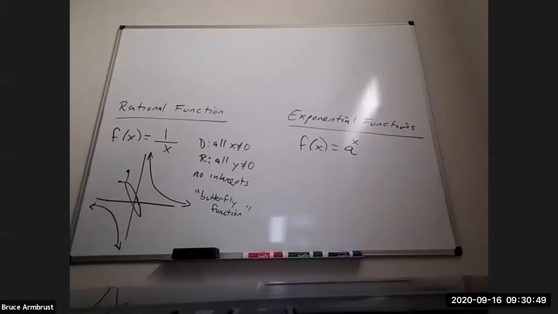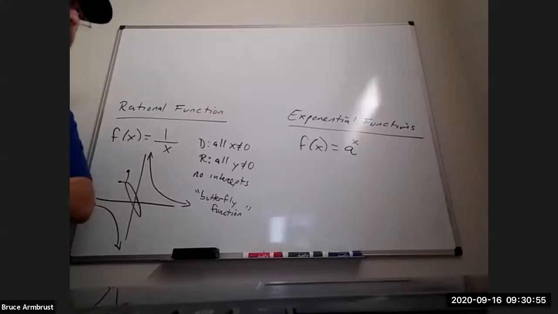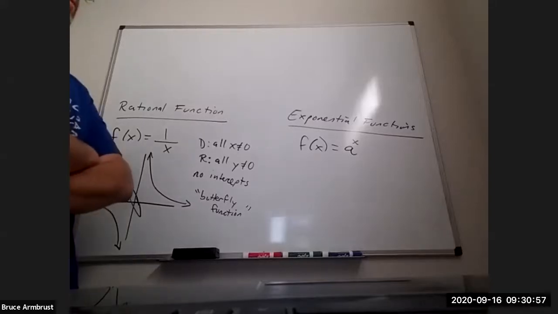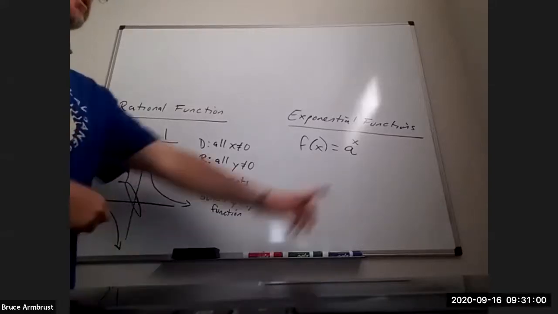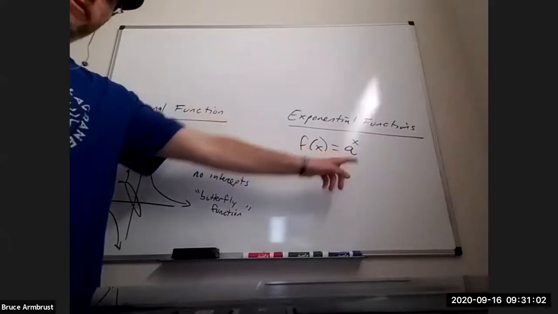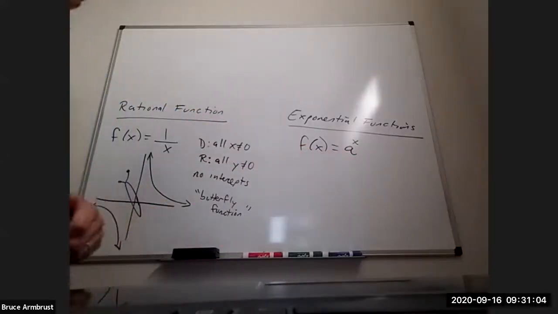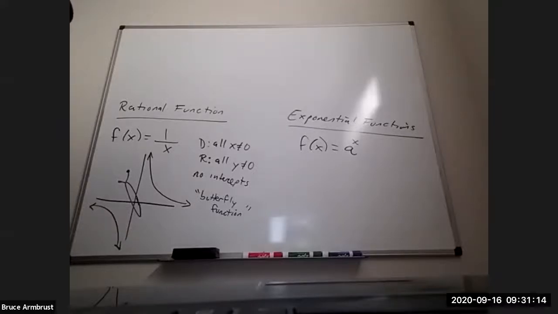So now our variable is the exponent, not the base. So these guys are exponential. There are some restrictions on A, though. Anybody remember what they are? What can't A equal? 0. Okay, so A cannot equal 0. Good. There are some other things A can't be.